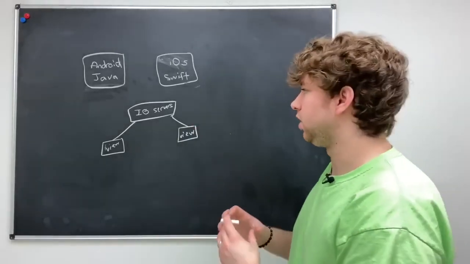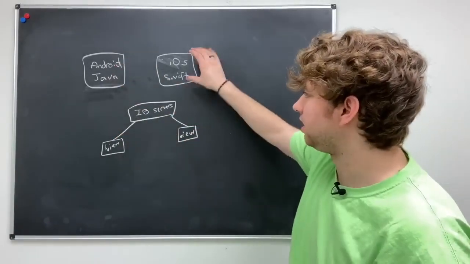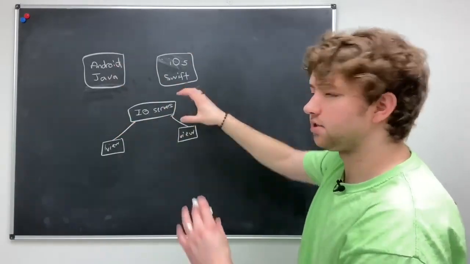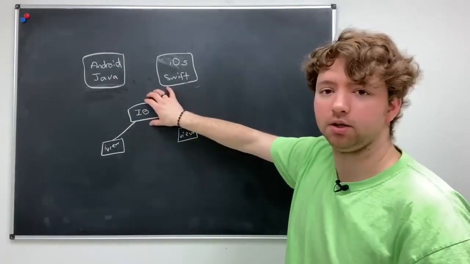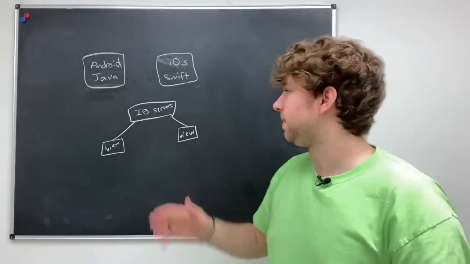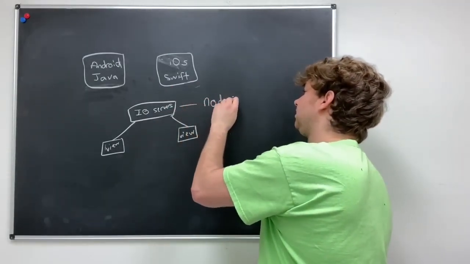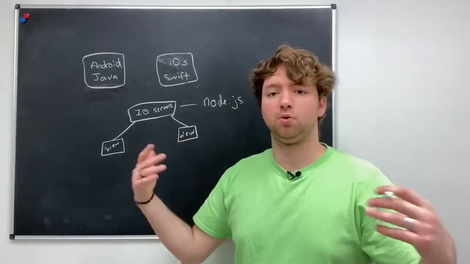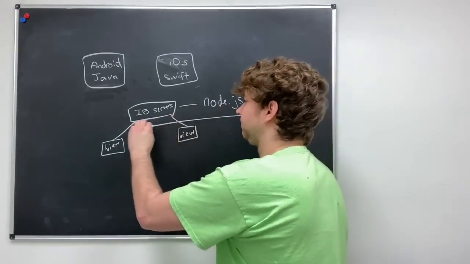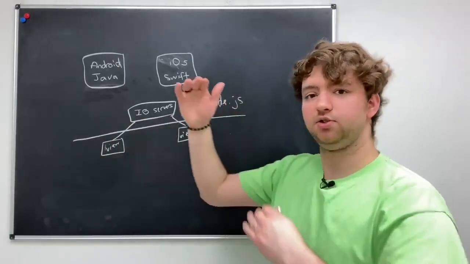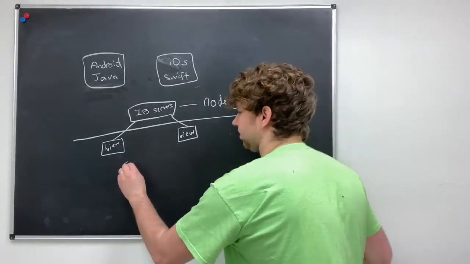So you can basically only code a little bit for Android and a little bit for iOS, and then code the stuff that's common between the two in some other language or whatever it might be. So for example, you could do this in Node.js, or you could do it in Java, or whatever you decide. That doesn't really matter because there's a separation here. You can think of it as two different components. Separation of concerns is what that's called.